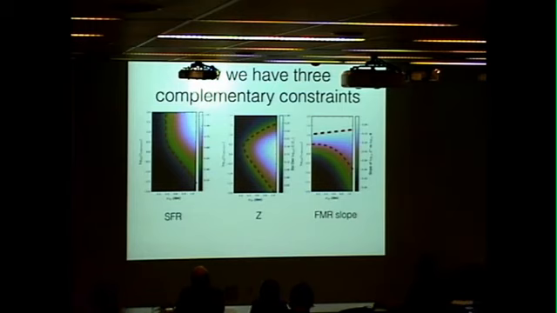So these lines give you upper limits, so that constrains you to be in this part of the parameter space. And then the slope in the fundamental metallicity relation forces you to be between these two lines, although there's a lot of systematic uncertainty there. So you can immediately see that you tend to be forced to a relatively small part of this parameter space.